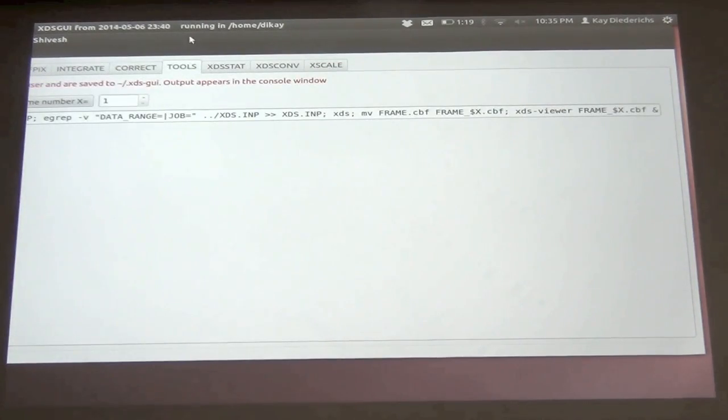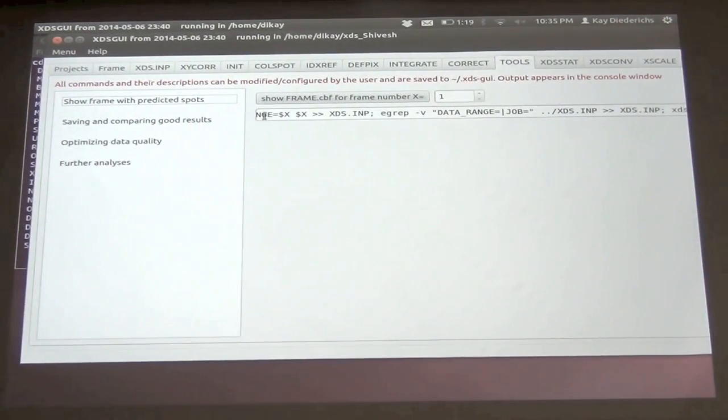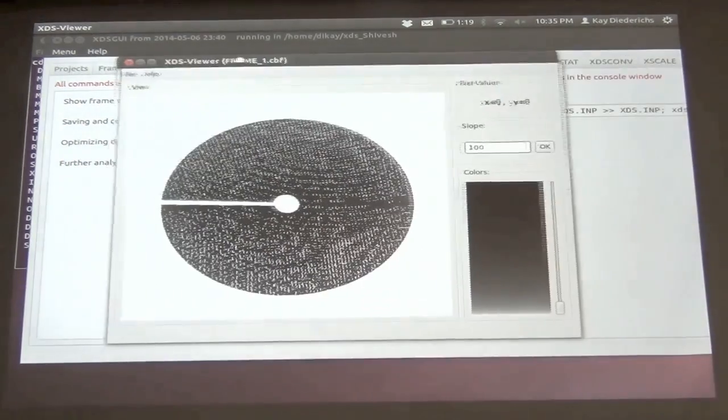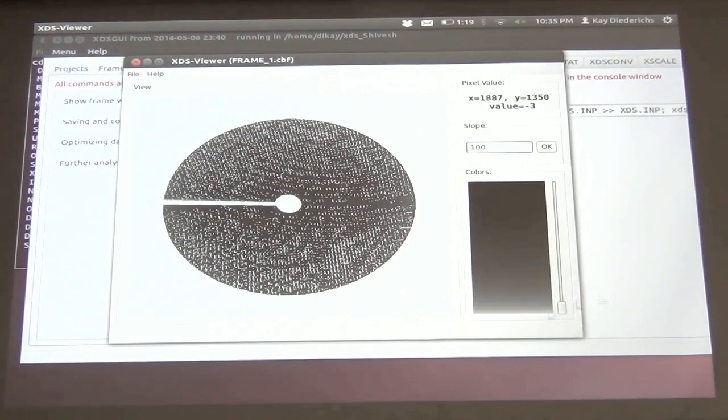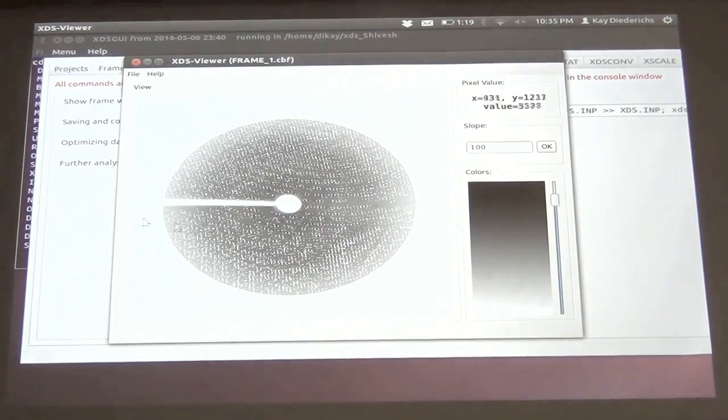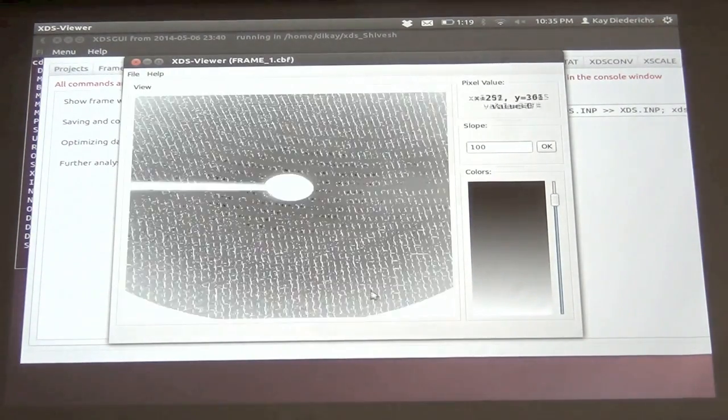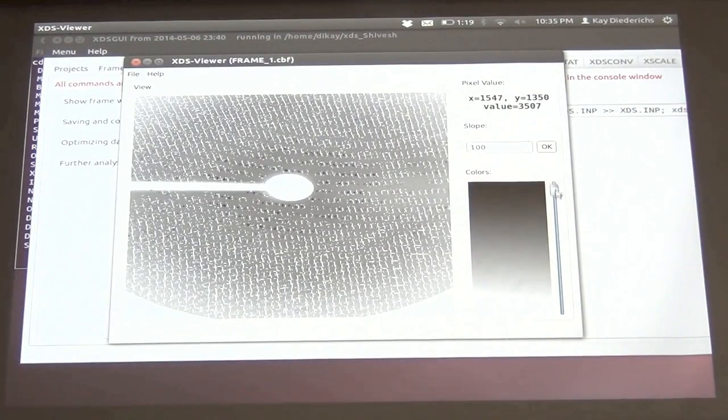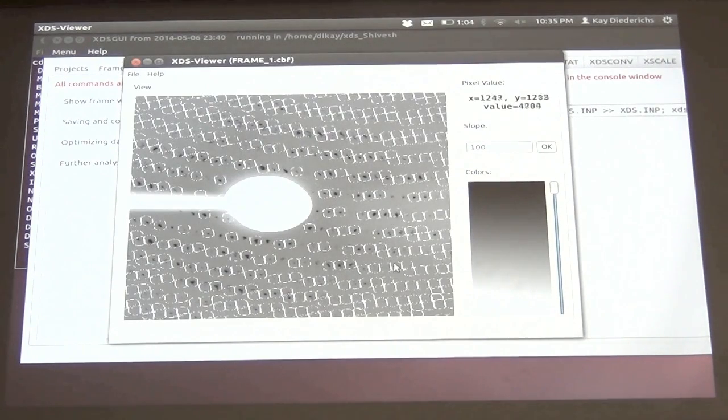We can move to the Tools tab. Here we have Show Frame with Predicted Spots. For example, frame 1 would predict this, and hopefully zoom in. So our indexing doesn't look too bad, but probably we have split reflections here.